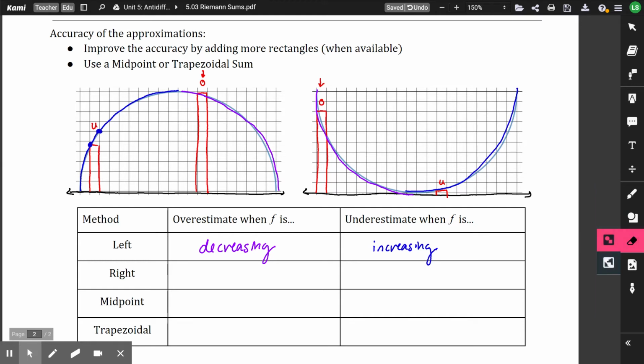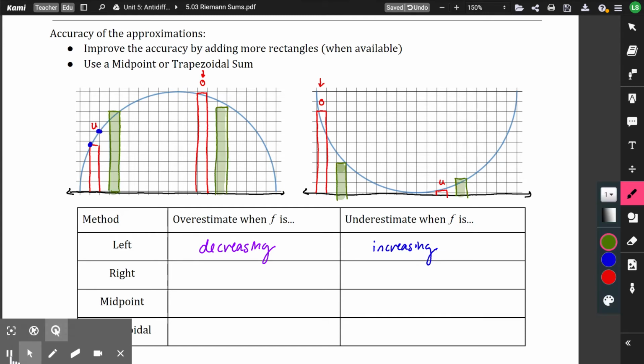So we're going to repeat this process and take a look at what happens when we're dealing with a right Riemann sum. Here in green, we have a couple of right Riemann sums that we're working with. The very first one is an overestimate, then we have an underestimate, another underestimate, and another overestimate.